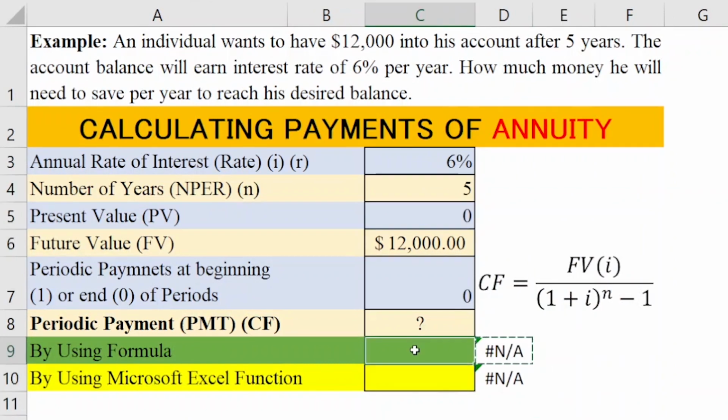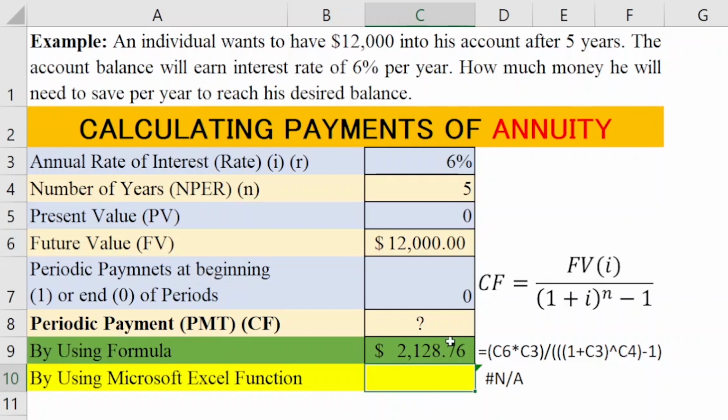By using the formula equal to (future value 12,000 multiplied by interest rate) divided by ((1 plus I) raised to power n minus 1) and pressing enter, the answer is computed, that is 2128.76.